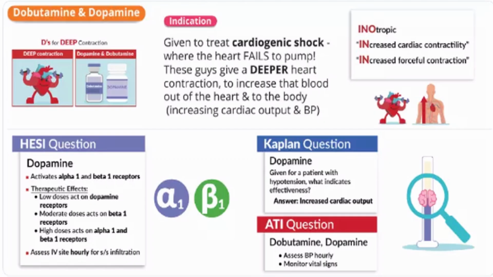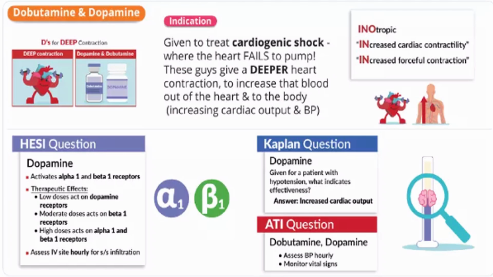Another important thing with these, we want to make sure that we monitor the IV site because it causes vasoconstriction, it can cause tissue ischemia. So if I asked you if you're monitoring an IV site of something that can cause tissue death and you notice an issue, what are you going to do?